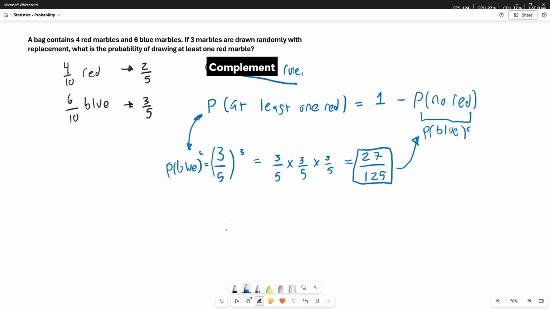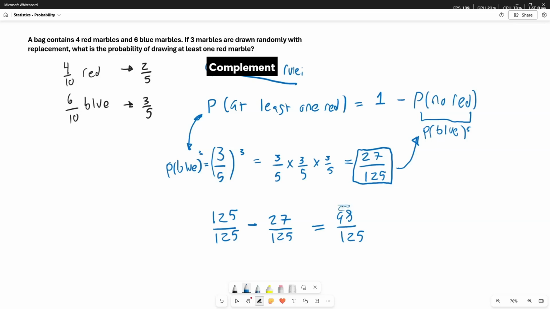And so, if we look at it in the context of 125 being our denominator, we have to get 100% of that, which is 125 over 125. And we subtract the probability of getting blue 3 times, and that equals 98 over 125.